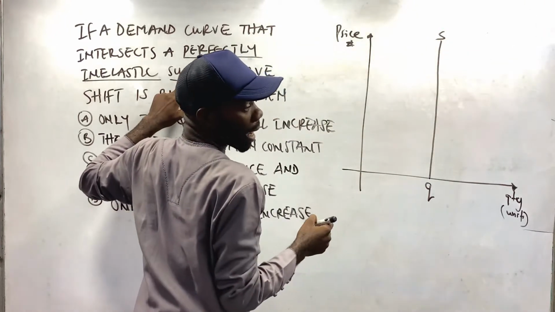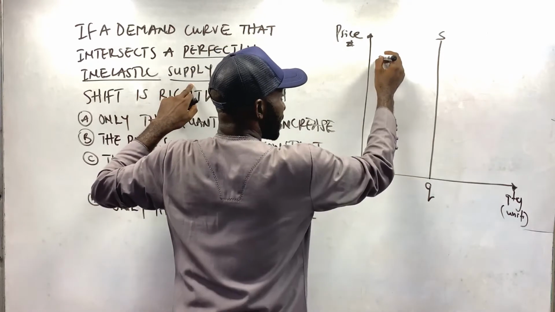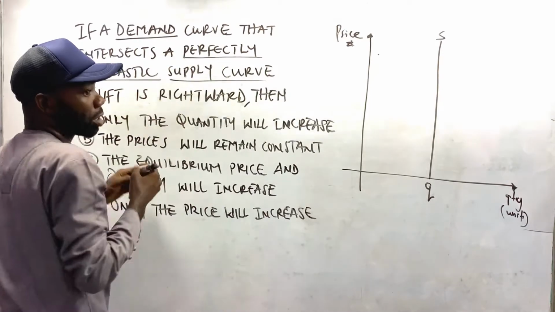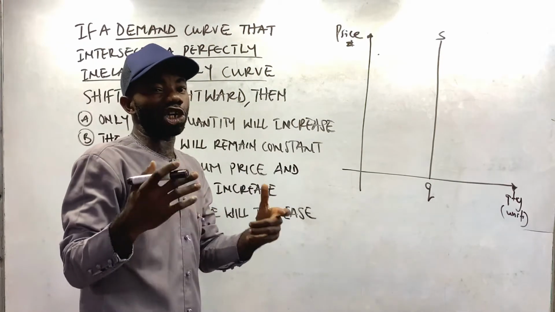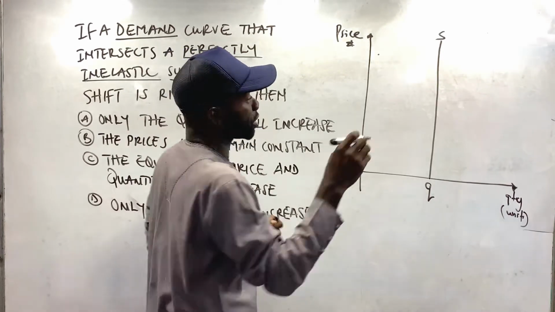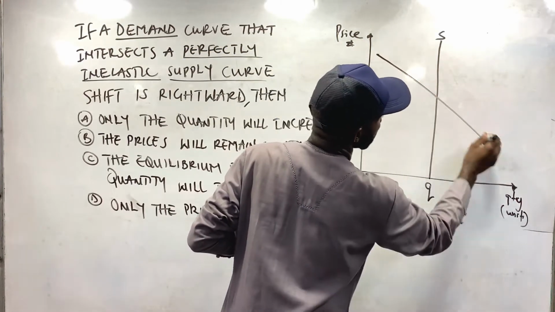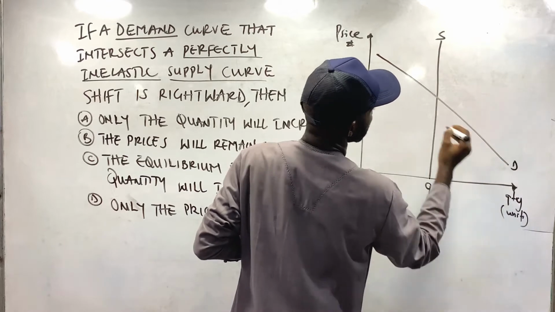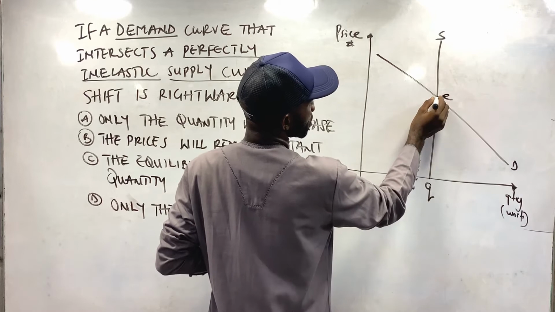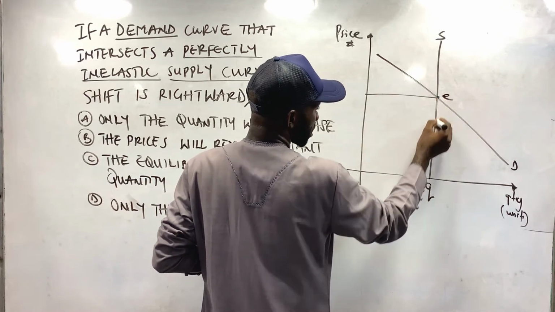S, supply. And then for the examiner, when the examiner is silent about the elasticity nature of the demand curve, please use unitary. And a unitary demand curve is something like this. So unitary, you have the first equilibrium point, trace it to the price axis, trace it to the quantity axis.